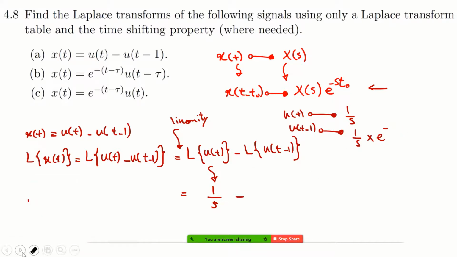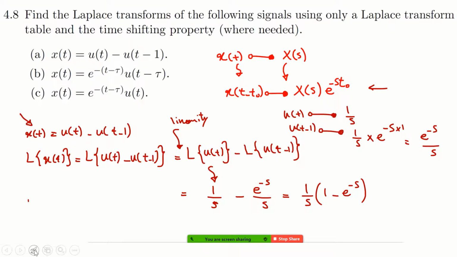So let me write it in the correct order: e to the power of minus s over s. Okay, e to the power of minus s over s. So I can write it equal to 1 over s times (1 minus e to the power of minus s). So this is the Laplace transform of this signal here.